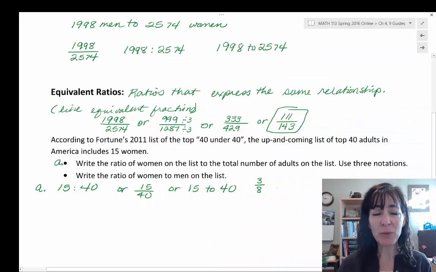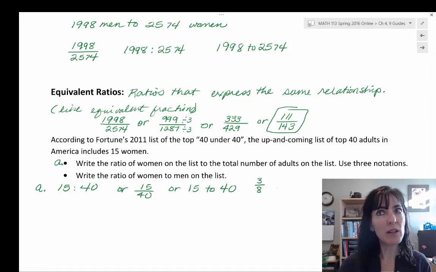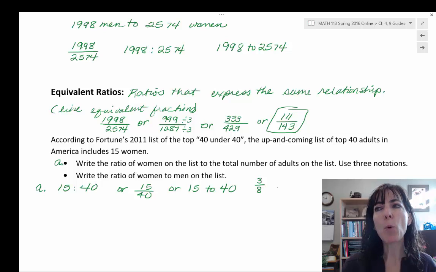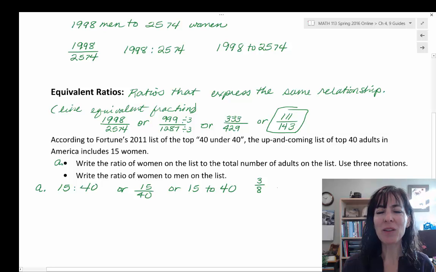Now, if you know how to reduce a fraction without using the calculator, you can continue to do it that way. That's just fine. I wanted to show you the calculator method in case you have a big ugly fraction like our 1998 over 2574, or if you really don't know how to reduce well, use the calculator, let it do the work for you.